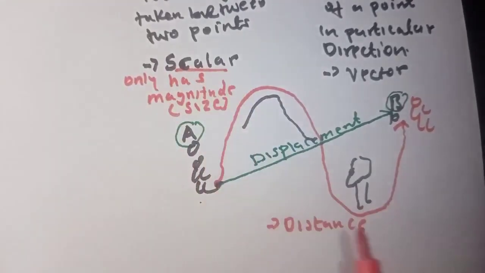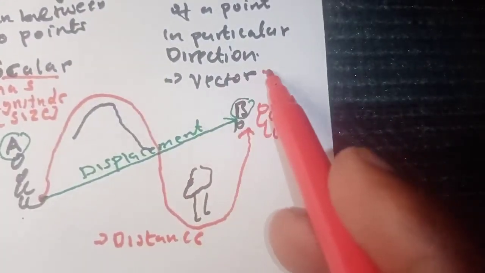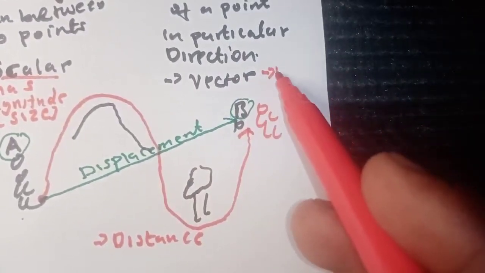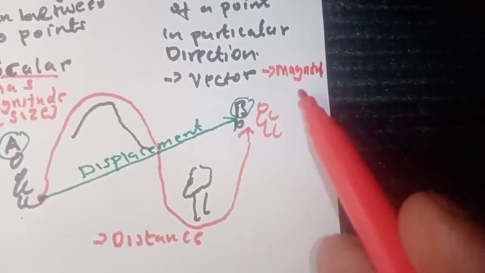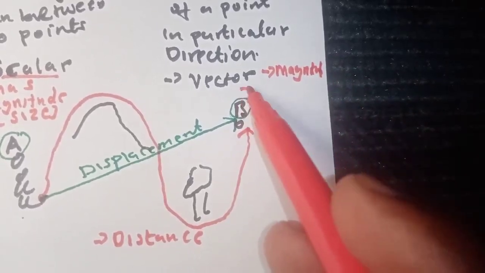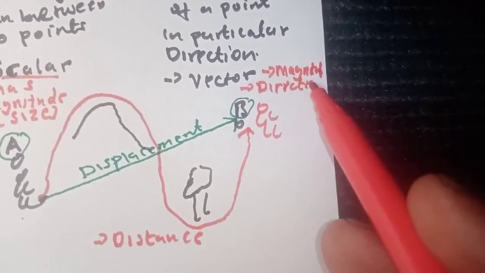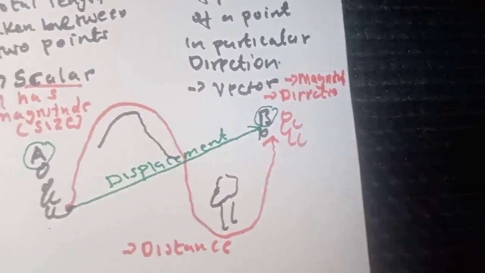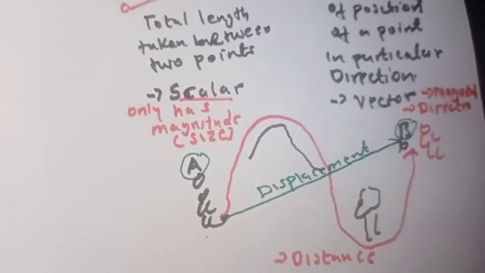So a scalar quantity only has magnitude. But a vector quantity has both magnitude and direction.